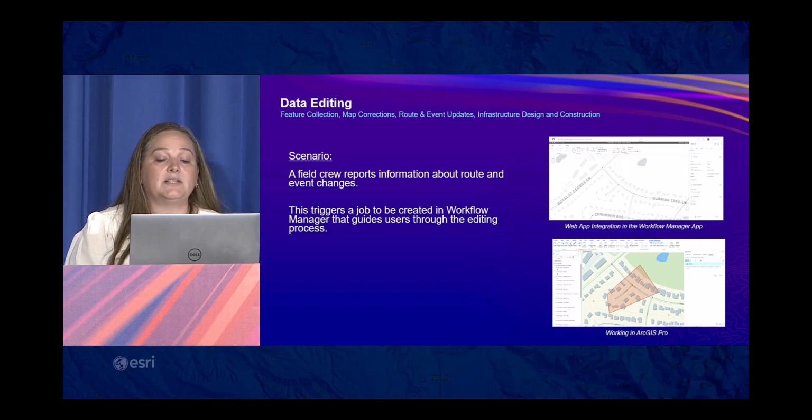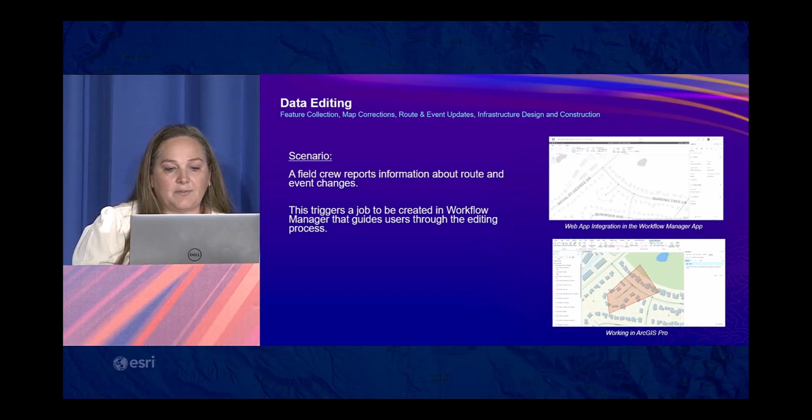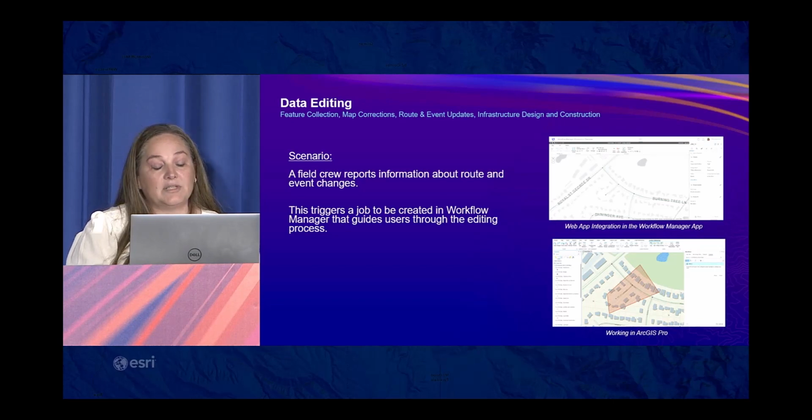These will likely be assigned to multiple people from different teams as the job progresses. So in Arthi's route update demo, you'll see just how Workflow Manager easily guides the user through these steps, reassigns the job between different groups and users, and with very little intervention.